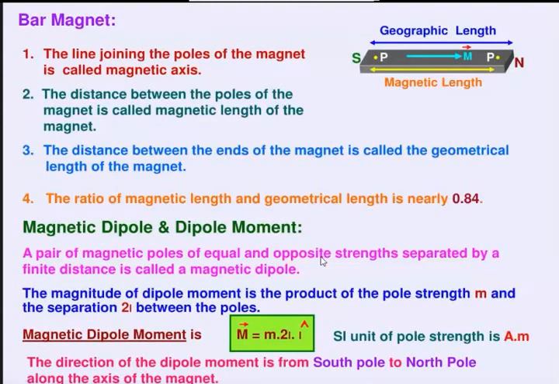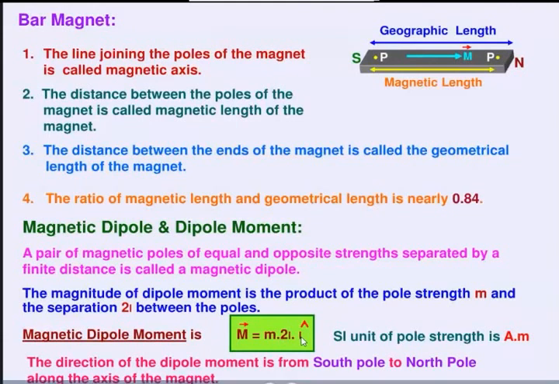If we represent separation between the poles as 2L, because L is the length between the center of the dipole to the pole, so total magnetic length of the dipole is 2L. So magnetic dipole moment is expressed as product of one of the pole strengths into dipole length. Here dipole length is 2L, so it is denoted by M into 2L.